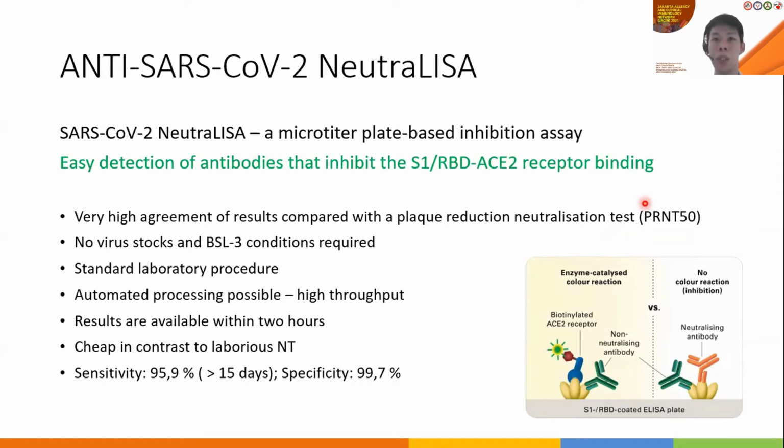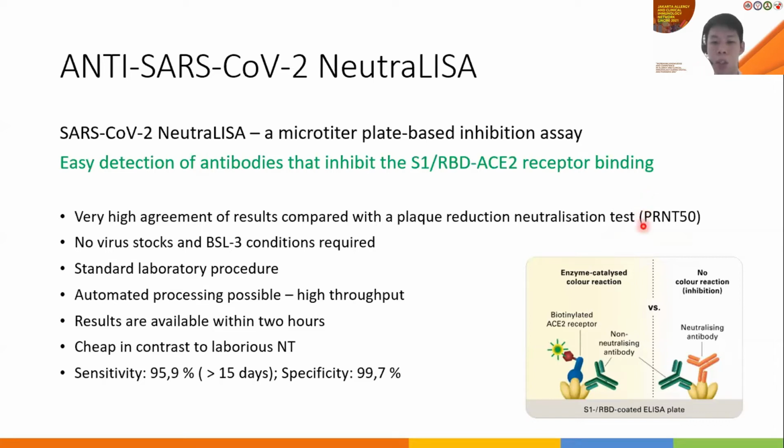However, we know that there might be cases whereby antibodies which bind to the RBD domain may still allow the binding of the virus to the ACE2 receptor on the cell. Thus, this doesn't actually neutralize the process, as the virus can still enter the cell.